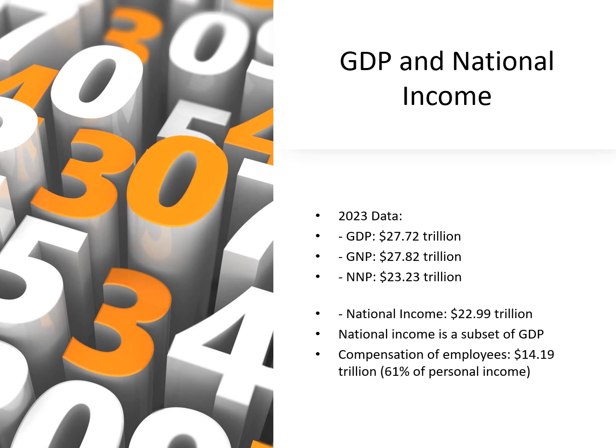I won't go into much detail on that, but this is an accounting artifice, if you will, an accounting part. And so we're reducing it by, again, over $4 trillion down to net national product. And that gets us basically to that national income, which is, again, what we're trying to drive at.